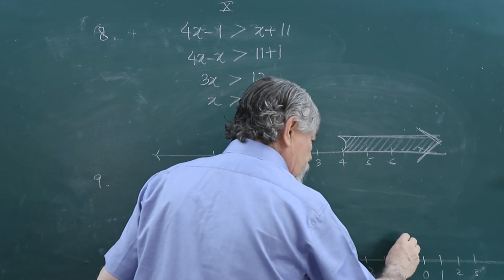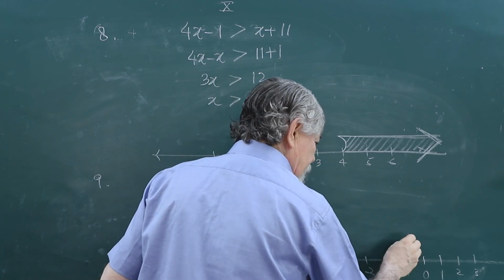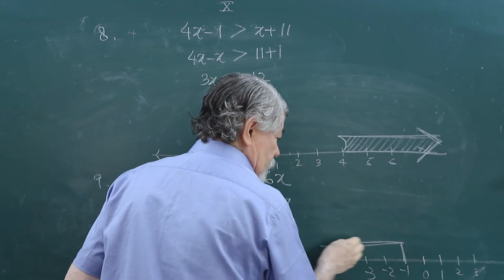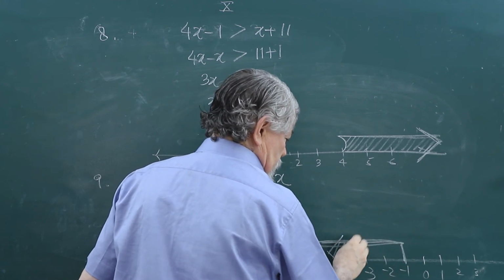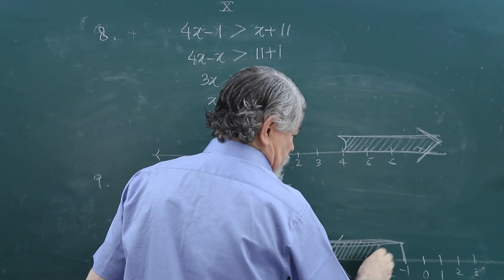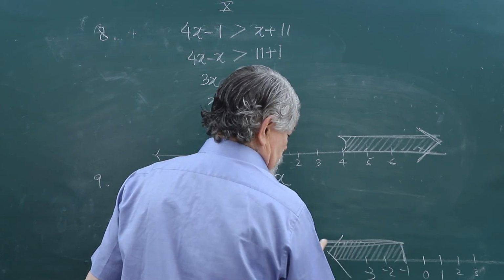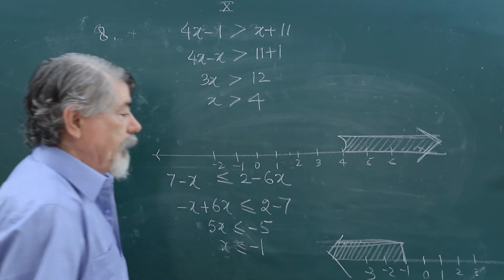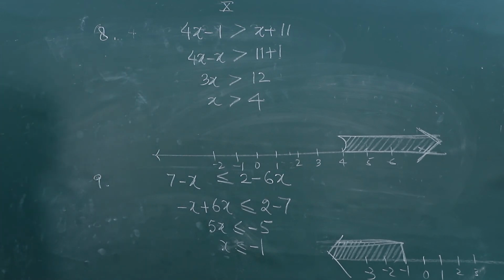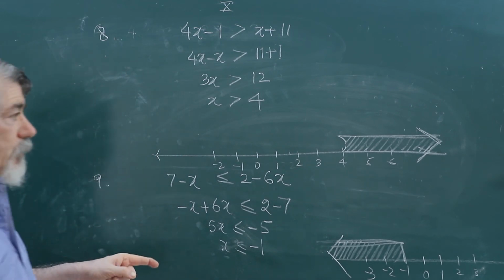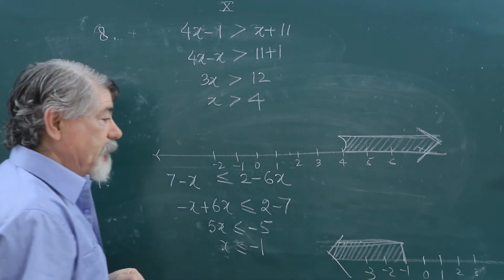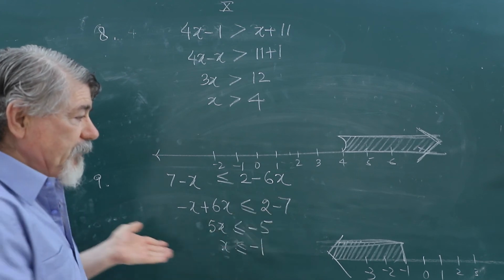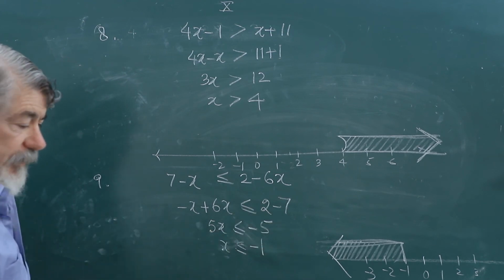It is equal to minus 1 and it is less than minus 1, so let's go to this side. Since x can be equal to minus 1, that is why we have drawn a straight line on top of that. That means minus 1 is included, and less than means we have come to the left side.